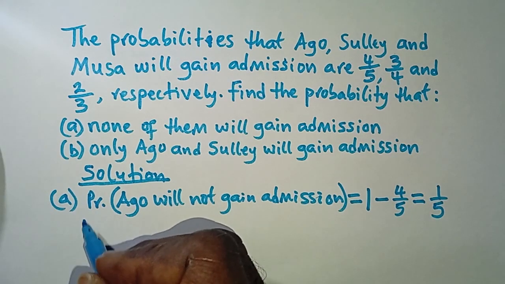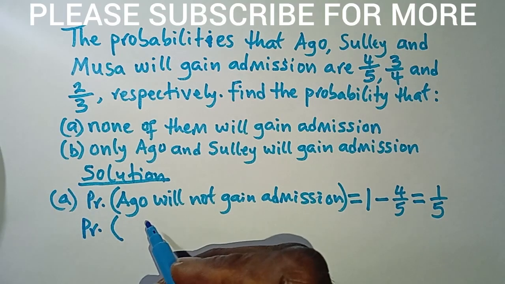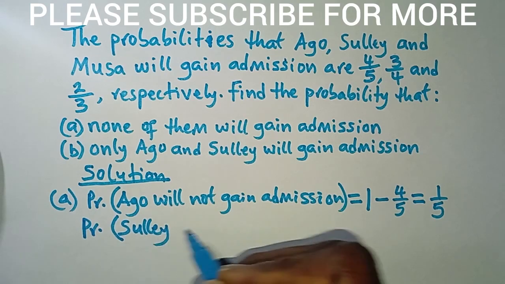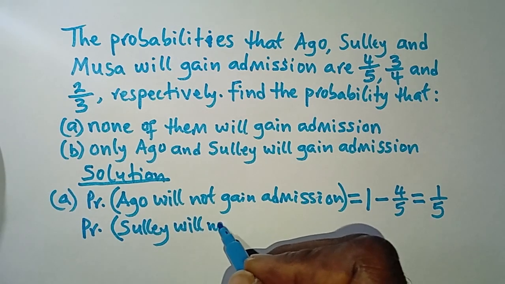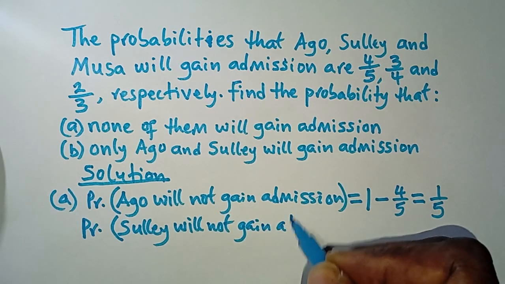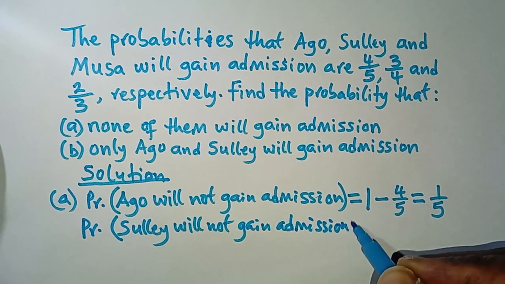Similarly, the probability that Sule will not gain admission will be done in a similar way as we have done for Ago.